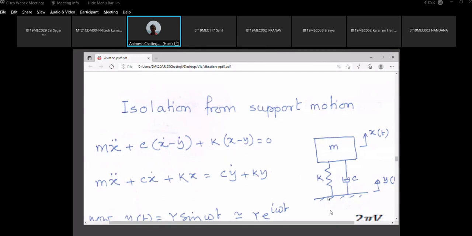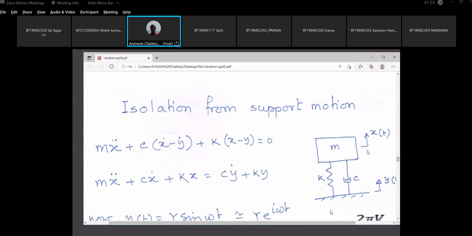So here the mass is going up and down by an amount x, and the base, for the vehicle it is a wheel, but for some other application we will call it a base. So the base is moving up and down by y.